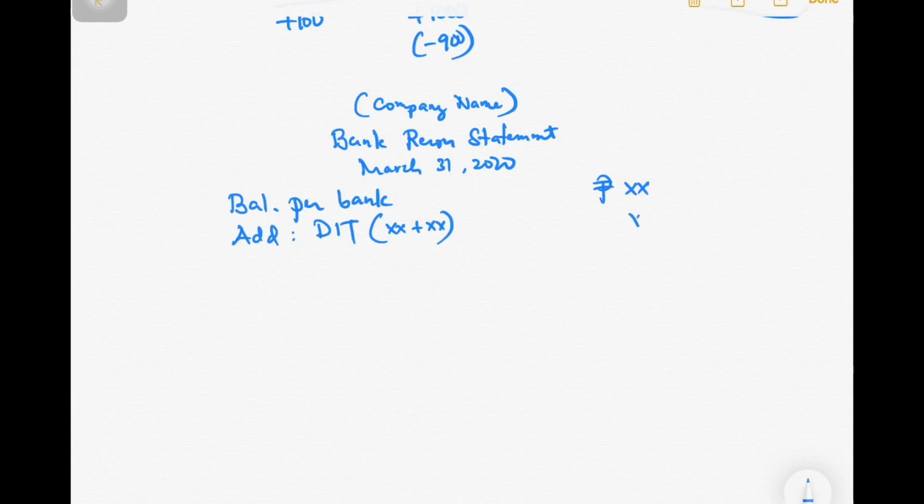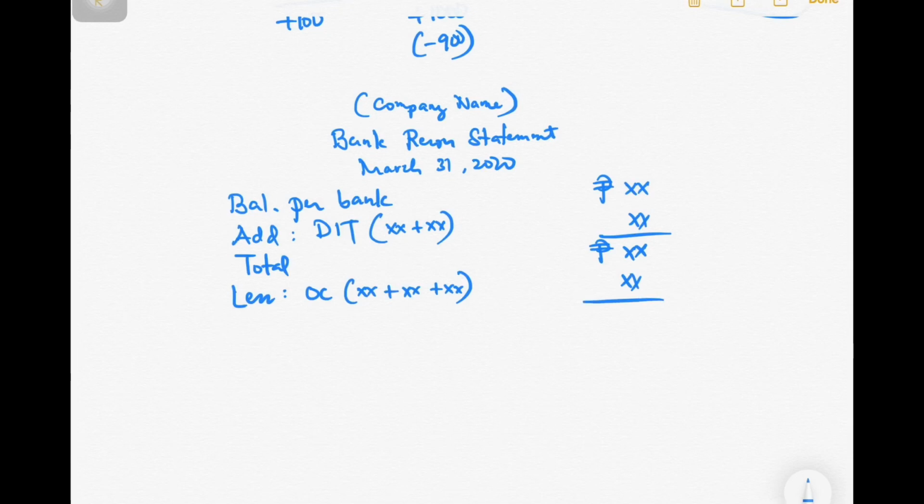And then you add the total here. Then get the total. And then deduct your outstanding check. Let's say you have 3. This 1, this 2, this 3, here. To get your adjusted bank balance.